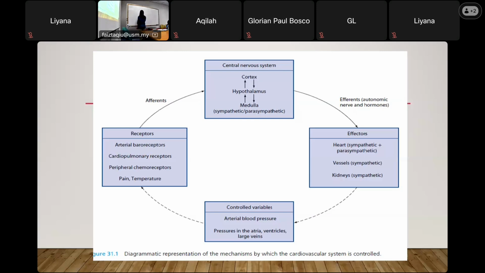So what are your axes? Label your axes. Are you sure? Are you sure, my dear? Okay, thank you. That is heart rate. Where is stroke volume?